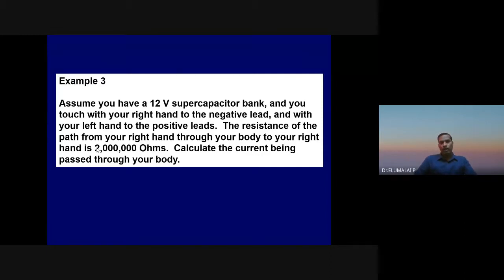Calculate the current being passed through your body. Very simple problem. How much current can your body feel if you touch a capacitor having a voltage of 12 volts?